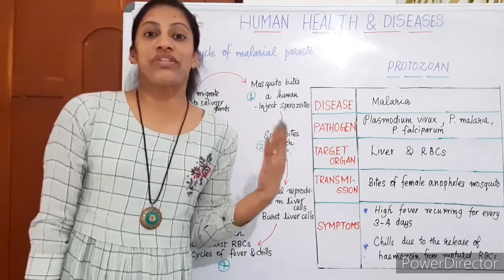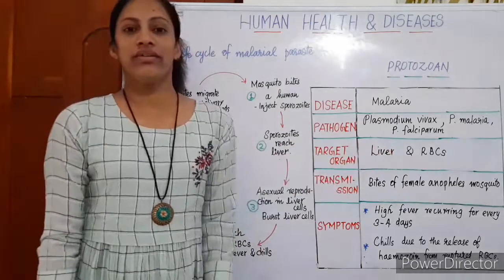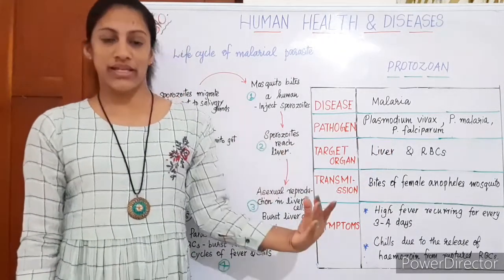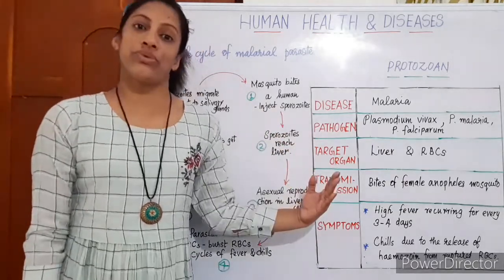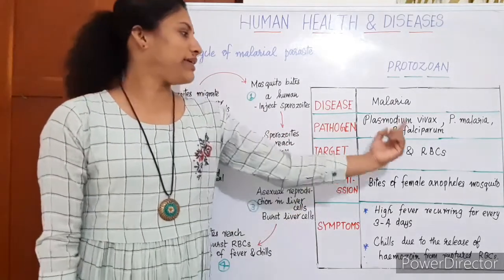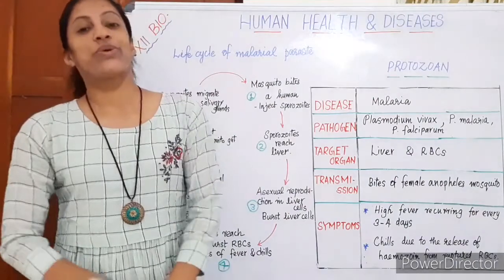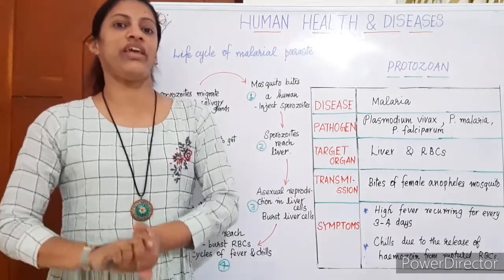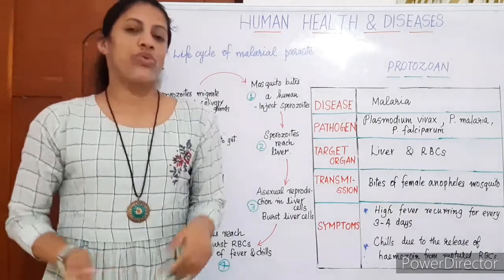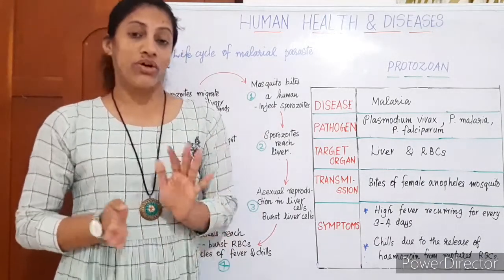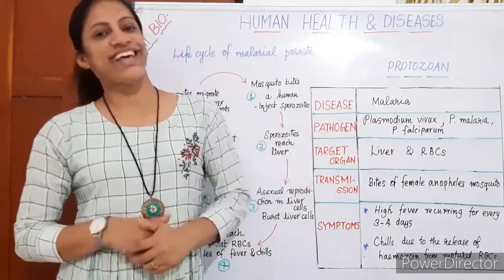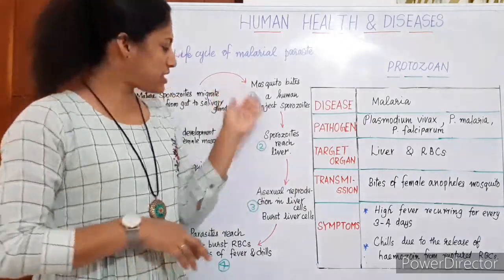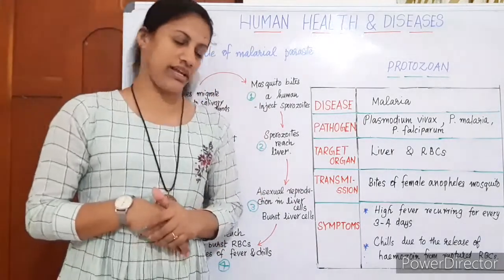The parasites first enter the liver and attack liver cells, then enter the blood and attack RBCs. So liver cells and RBCs are the target cells of the parasite. It inhabits and destroys liver cells and RBCs. We will discuss the life cycle of malaria in detail.